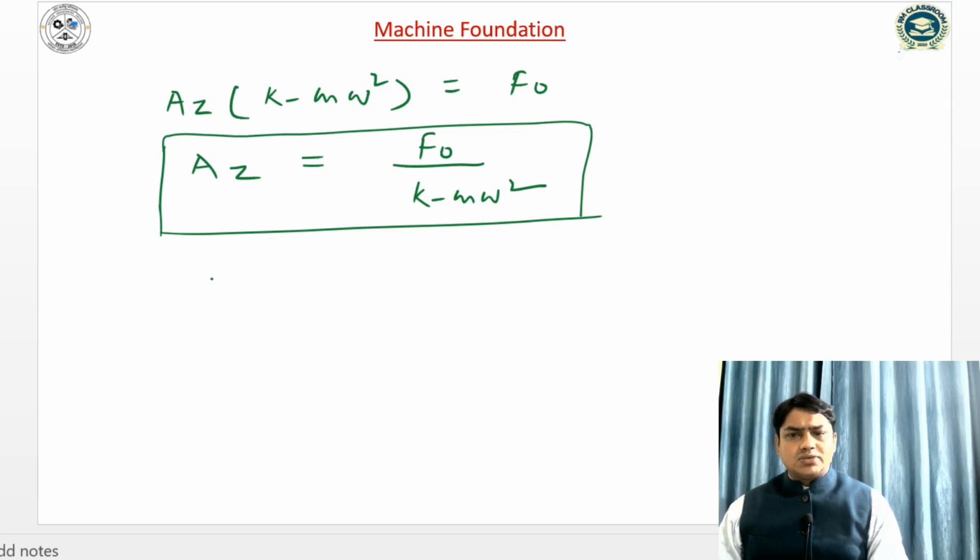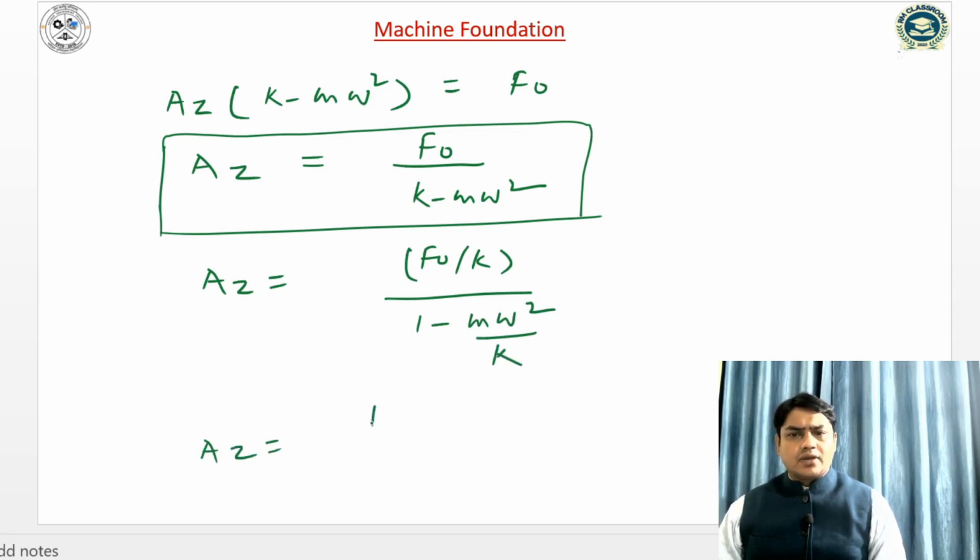So we can write Az is equal to F naught by k divided by 1 minus m omega square by k, that is, F naught by k divided by 1 minus omega square divided by k by m.